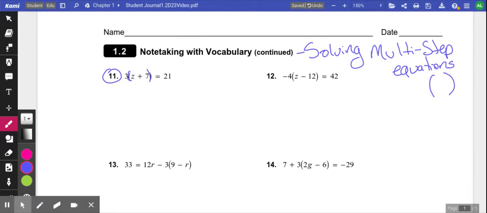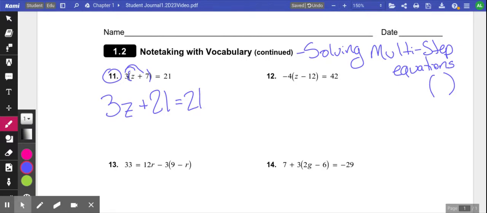First, we've got to simplify the side, so that means we're going to distribute this 3 to the z and the 7. Remember when we're distributing, that means we're multiplying. So 3 times z is 3z. 3 times 7 is 21. And that's equal to 21.